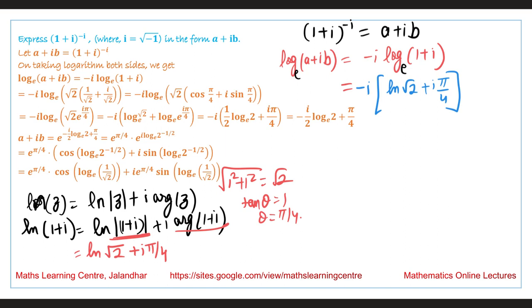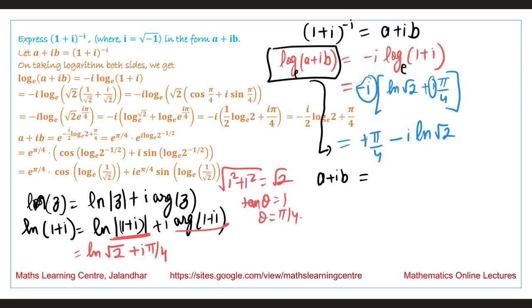Now if we multiply this term by the iota outside, the answer we obtain is plus pi by 4, since iota square is minus 1, minus iota log of root 2. So a plus iota b is equal to this value; we are saying log of this value is equal to this. So a plus iota b will be equal to e raised to the power of pi by 4 minus iota log of root 2.